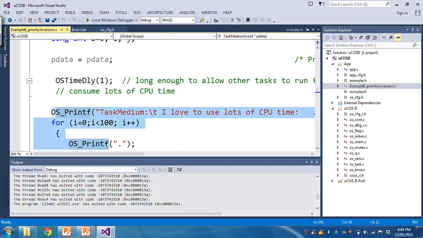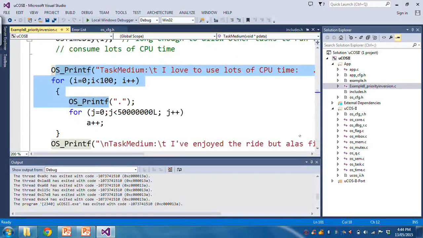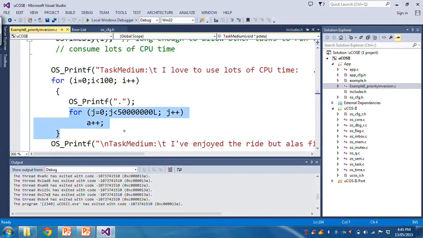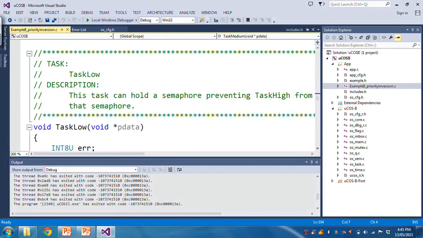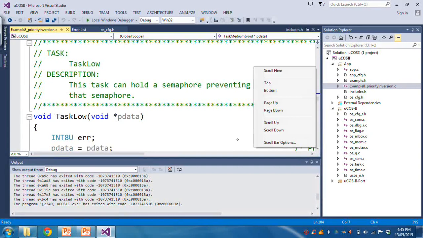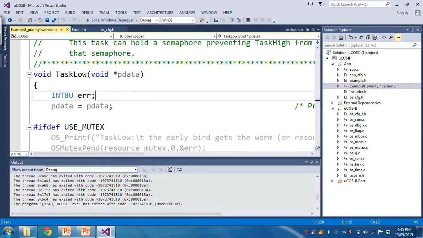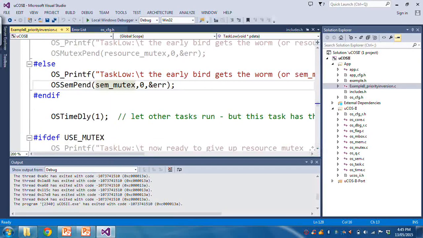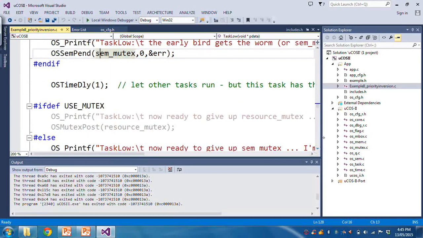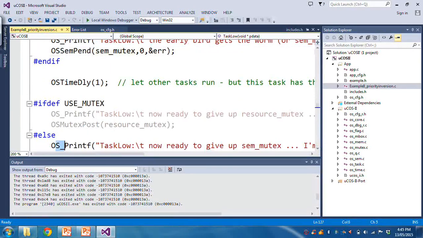It has a for loop which does absolutely nothing but consumes clock cycles, and then it finishes. The low priority task wakes up first and manages to grab a mutex or a semaphore, goes to sleep for 1 clock tick, and then gives up the semaphore.